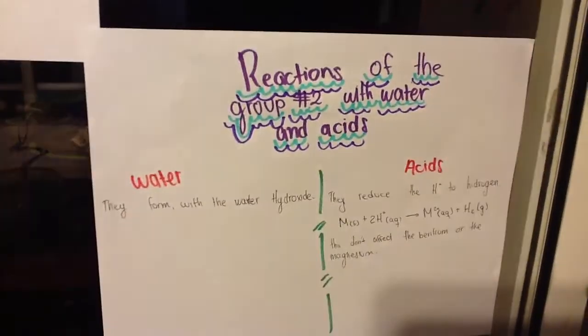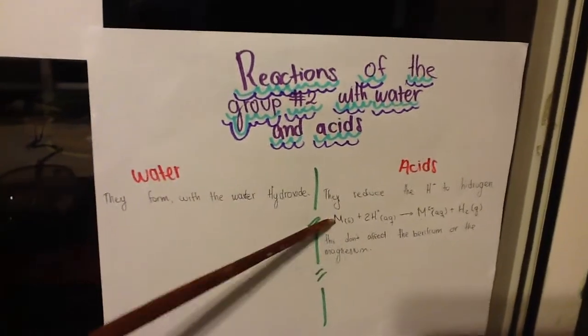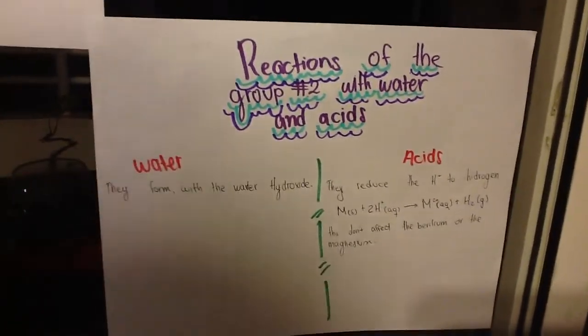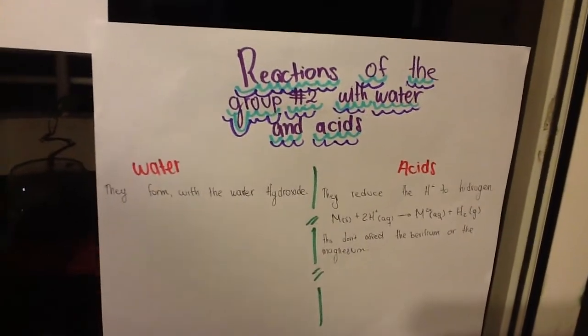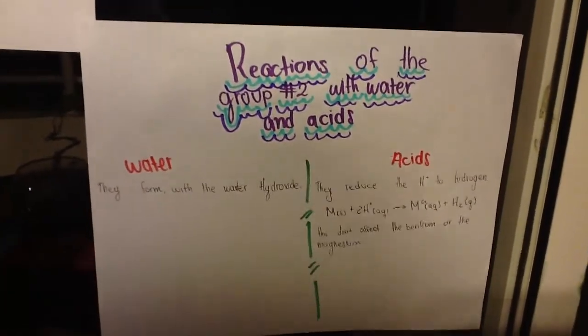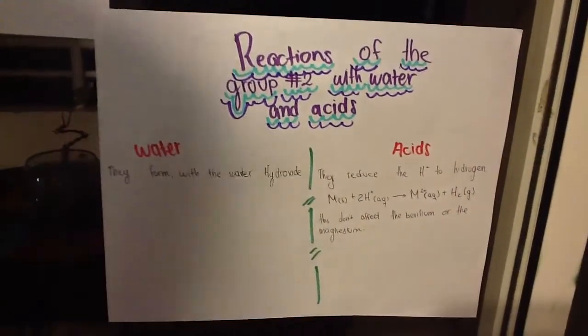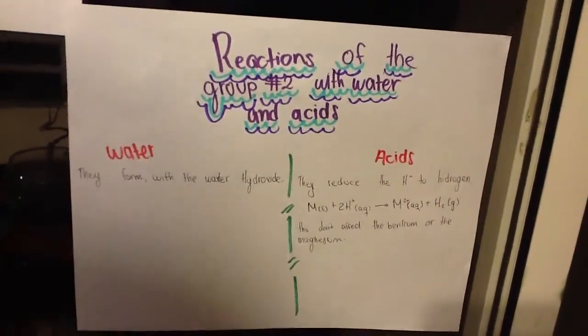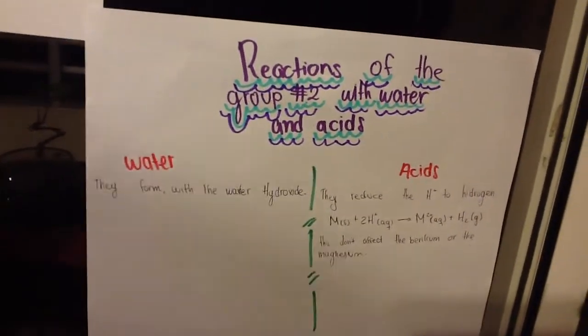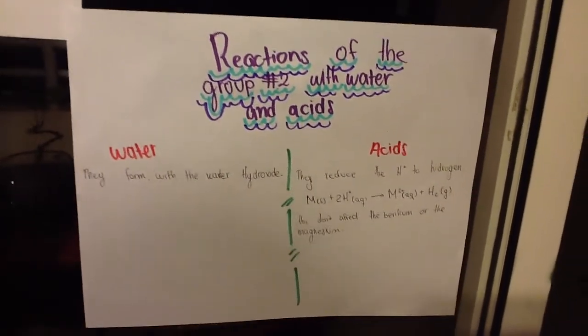That is the formula. Like in the other example, the M represents the metals and the H the acid. They don't affect 2 elements of the alkaline earth metals, that are beryllium and magnesium, because they are not metal and they have a shell.